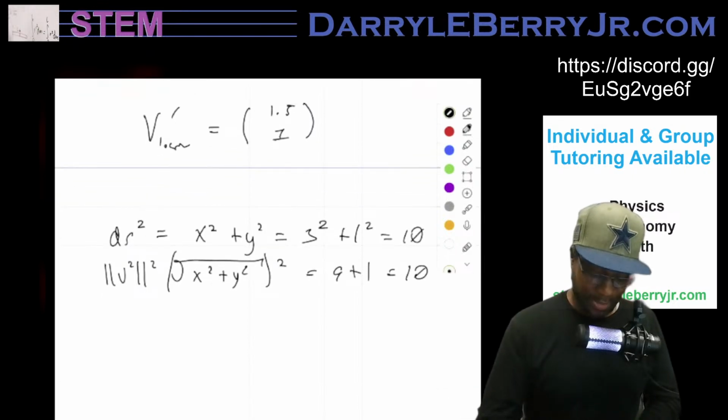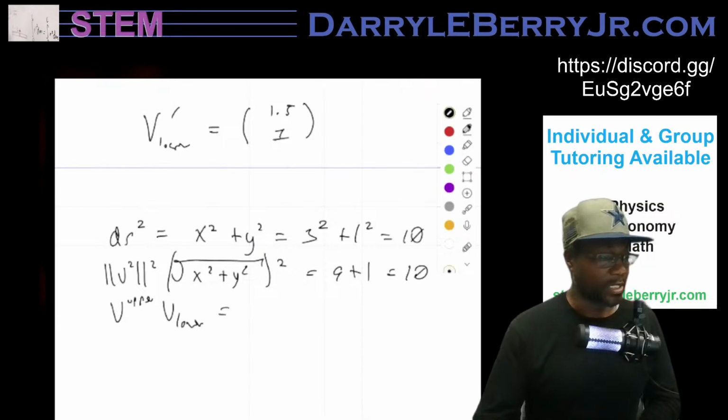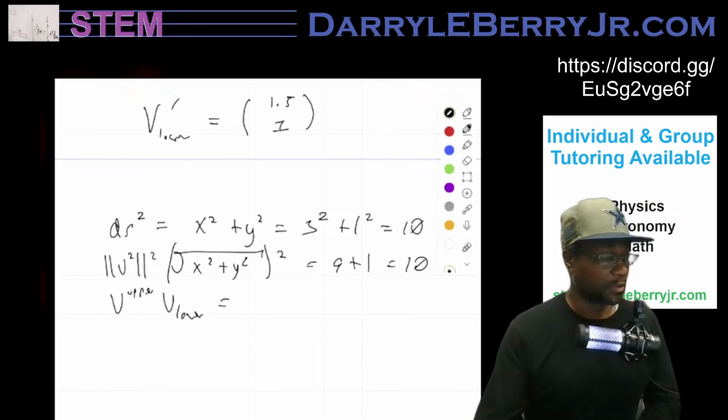So now let's try the Einstein thing. So we're going to have the upper times the lower, right? So that's going to be, and let me make sure I write it in the snazzy way I wrote it before.